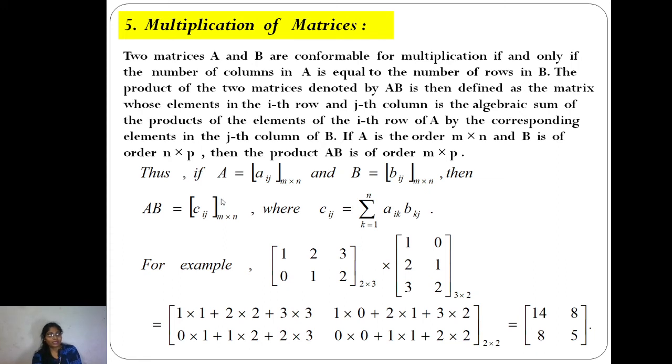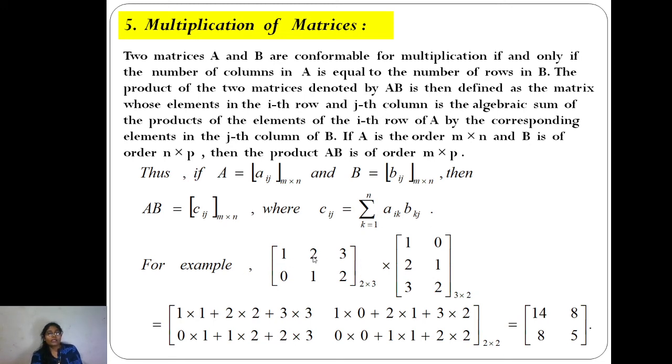The product AB exists. Thus, if A is Aij, m by n, and B is Bij, n by p, then AB equals Cij, m by p, where Cij equals summation k equals 1 to n of Aik Bkj.